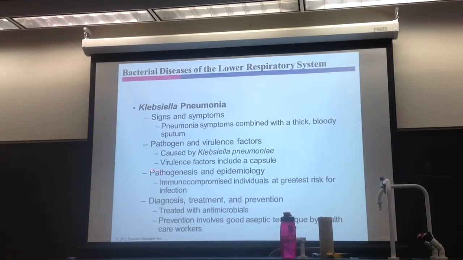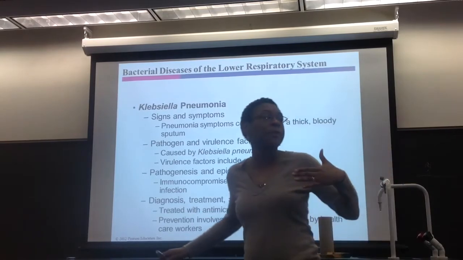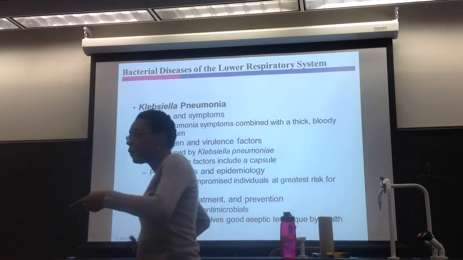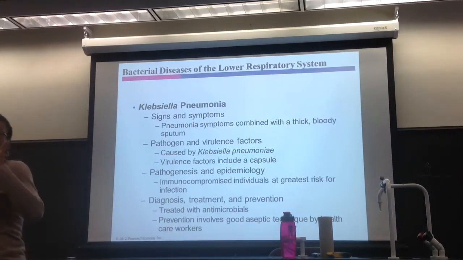Okay? Now, who are really at risk? Typically, these types of pneumonias are seen in the hospital. So these are your nosocomial pneumonias, because you see these types in the hospital. Okay? So immunocompromised people, for example, have issues with gram-negative types of pneumonia, like Klebsiella pneumonia. Okay? Yes, you can treat them with antibiotics, but the best prevention, because I think you all will be going into healthcare eventually, right?